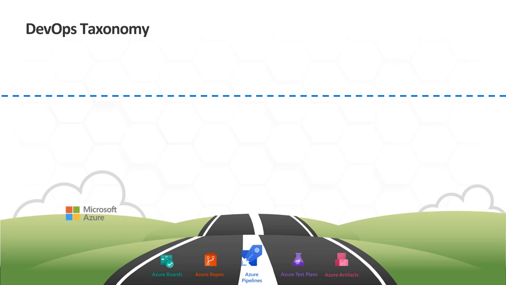There are components within the DevOps framework, such as Azure Boards, Azure Repos, Azure Pipelines, Azure Test Plans, and Azure Artifacts. What these products allow us to do is build on the pillars that make up a successful DevOps process, or a successful DevOps operation, if you will.